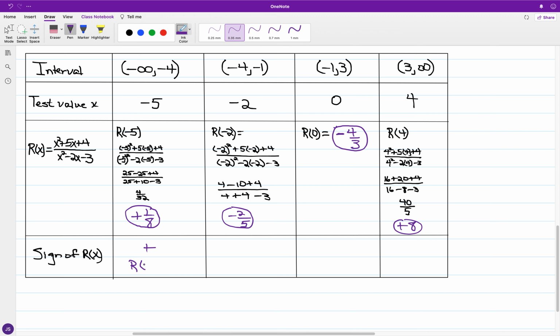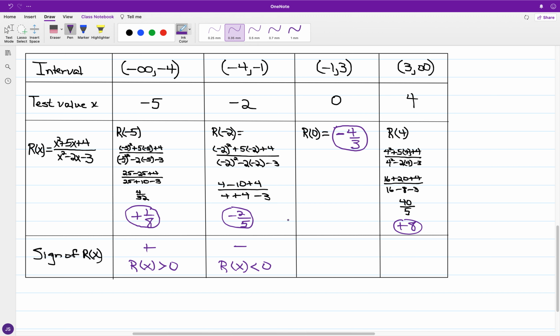So in this case, R of x will be greater than 0. Anything we select between negative 4 and negative 1, the output is negative. Okay, so we have R of x is going to be less than 0.